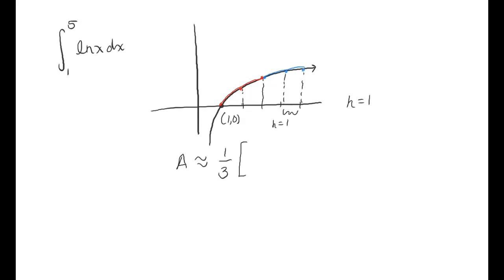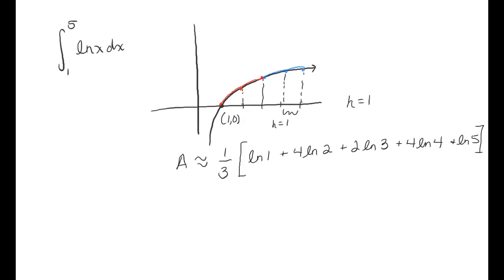And then we're going to use our left-hand endpoint, natural log 1, 4 times the next one, 4 times natural log 2, 2 times the next one, 2 times natural log 3, 4 times the next one, natural log 4, and 1 times the last one, natural log 5. So notice in the middle, those terms alternate with coefficients 4, 2, 4, 2, 4. Actually 4, 2, 4, just 3 of them. And the endpoints have coefficient 1. And so we're going to add up those numbers.